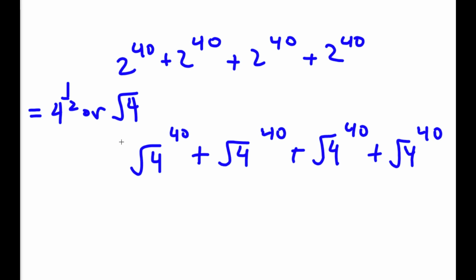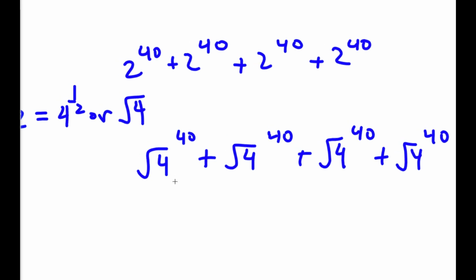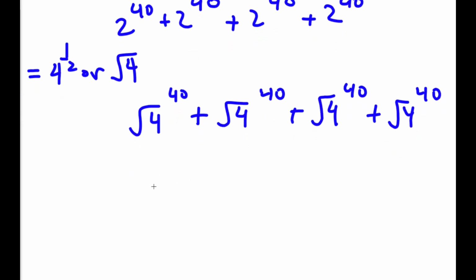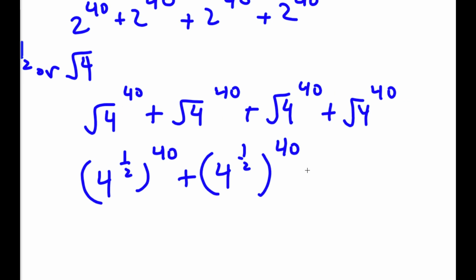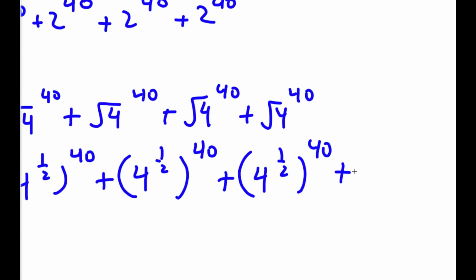Now, the square root of 4 is equal to 4 to the power of 1/2. So now I have 4 to the power of 1/2 to the power of 40, plus 4 to the power of 1/2 to the power of 40, plus 4 to the power of 1/2 to the power of 40, plus 4 to the power of 1/2 to the power of 40.